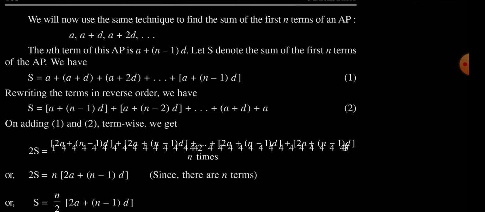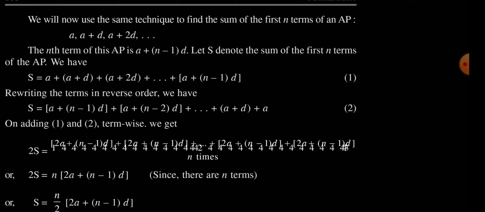We will now use the same technique to find the sum of the first n terms of an AP: a, a plus d, a plus 2d, and so on. The nth term of an AP is a plus (n minus 1)d.